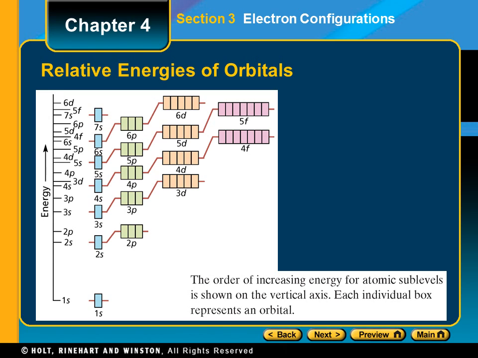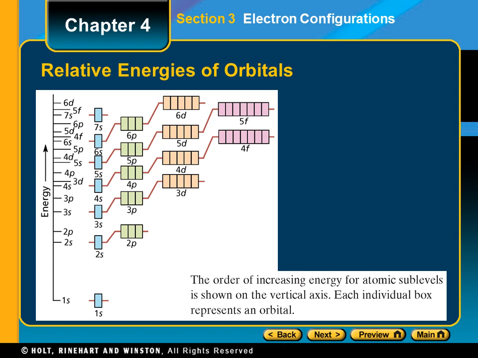After 3d comes 4p. But next would be 5s. We list these based on their energy. So 5s is going to have a little bit less energy than 4d. And then 5p is going to have more energy than 4d, but less energy than 6s.